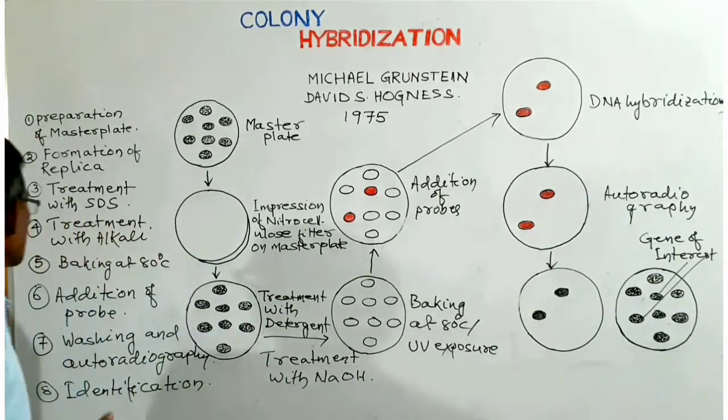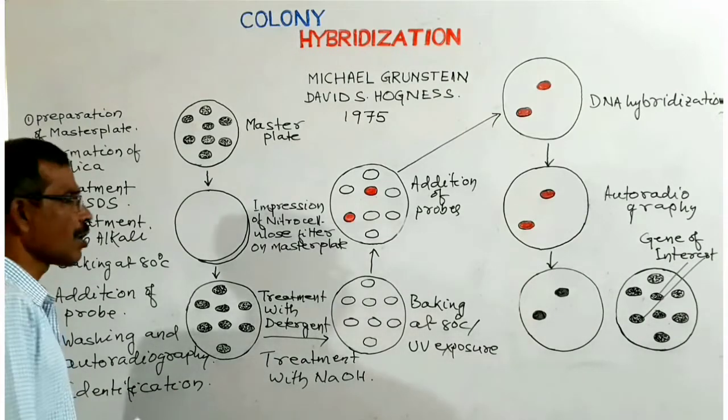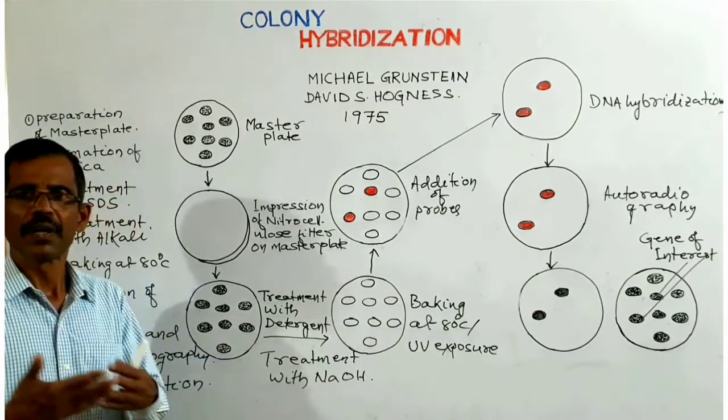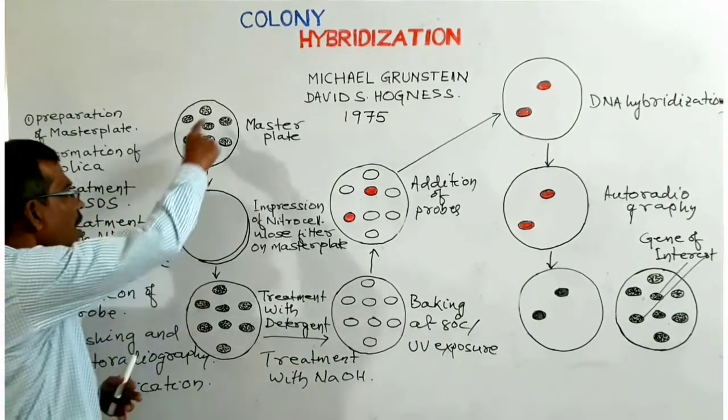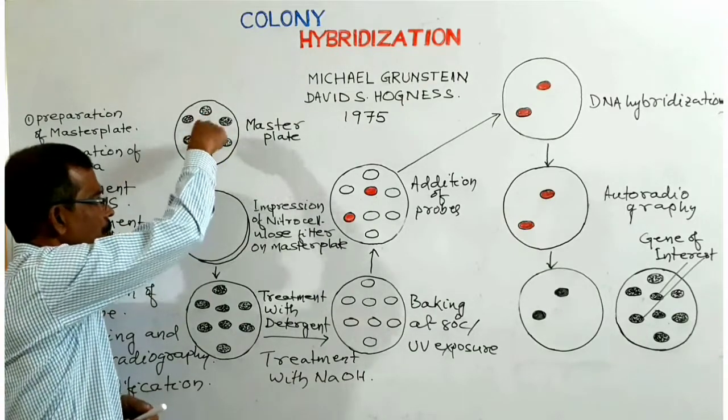After preparation of the master plate, the next step is formation of the replica. That means we have to create a replica of the bacterial colonies that are present in the master plate.